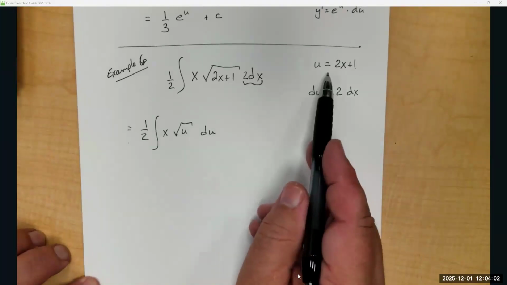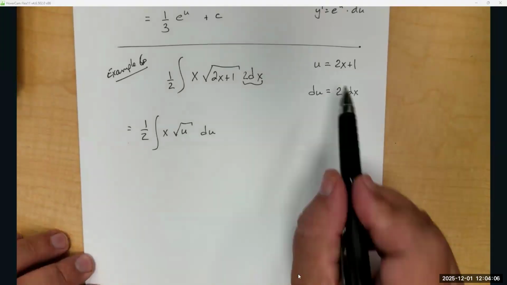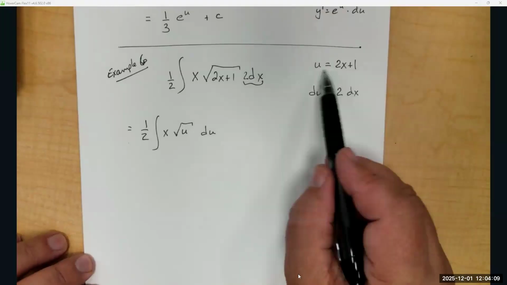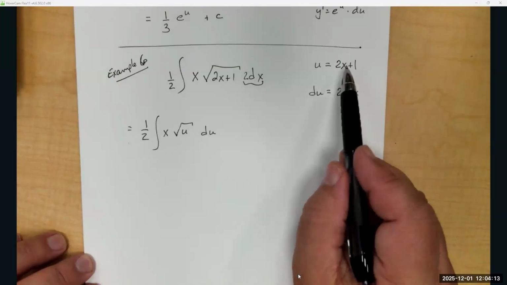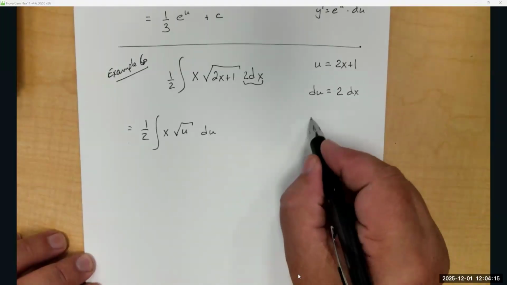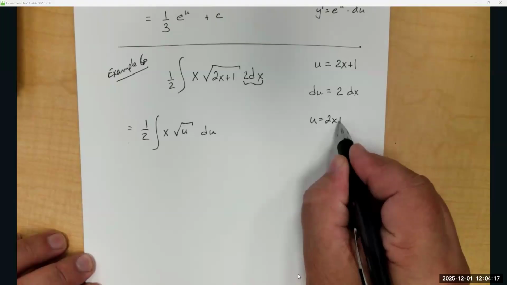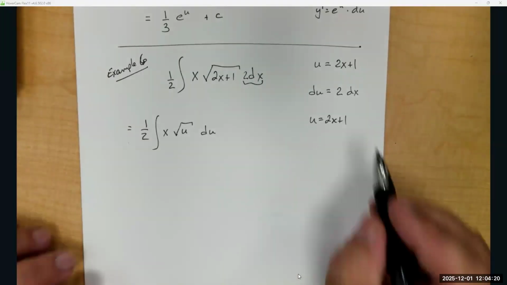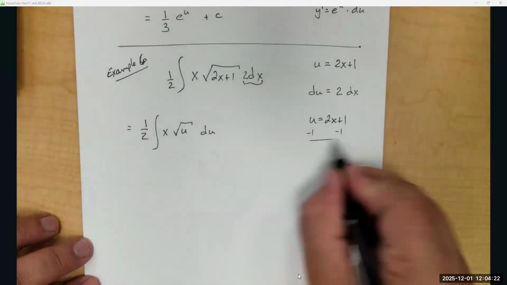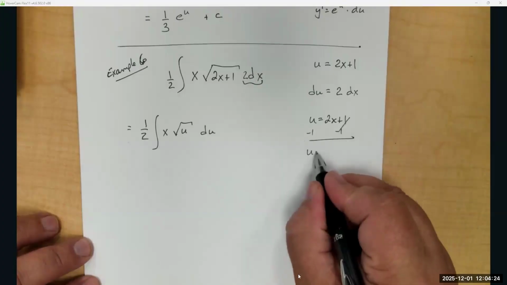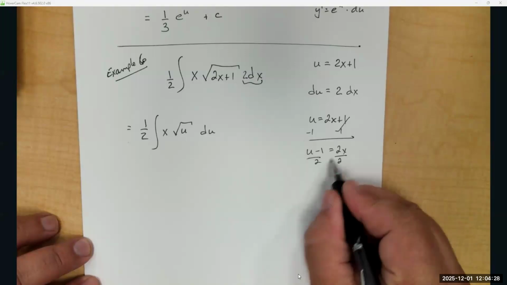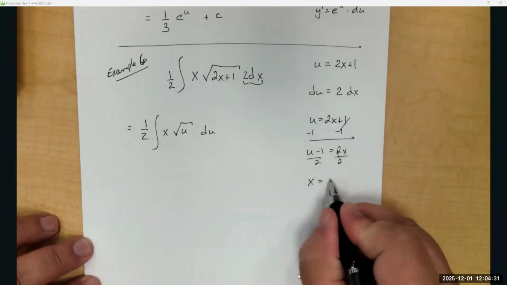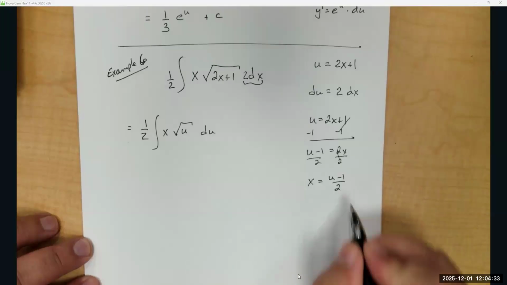Well, because this is where x and u are related. u is equal to 2x plus 1. So what does x equal? If u equals 2x plus 1, then u minus 1 equals 2x, divided by 2, so x has to equal u minus 1 over 2.